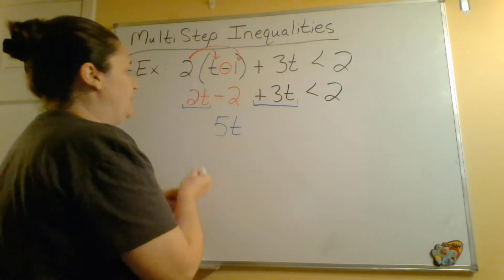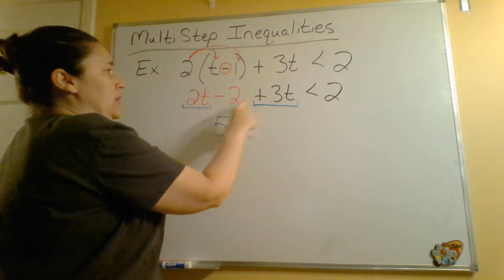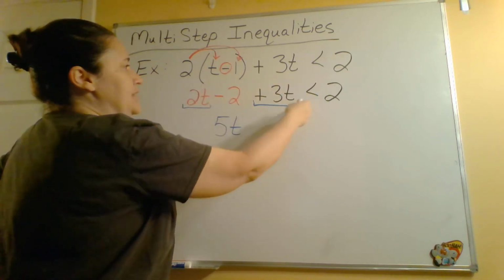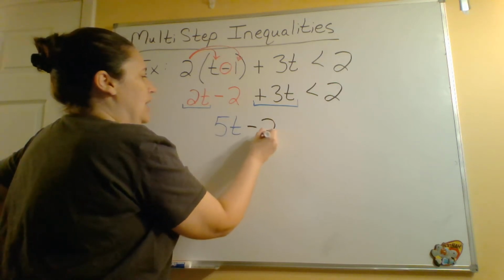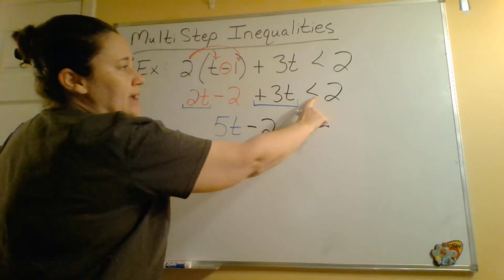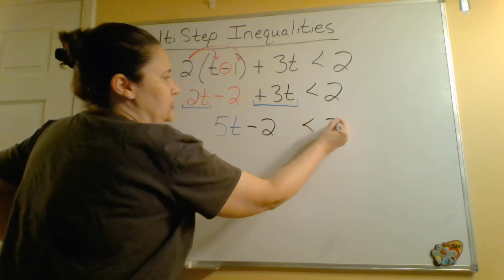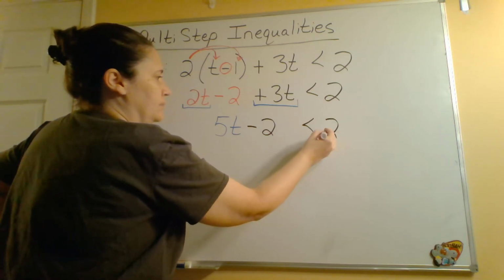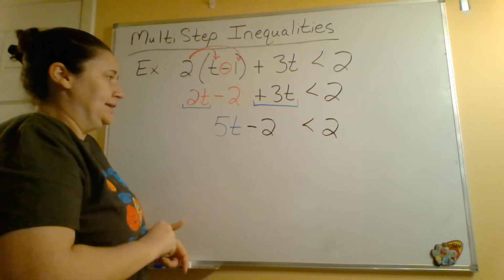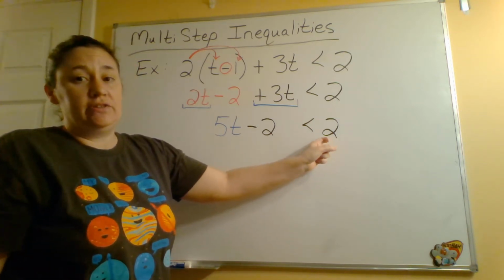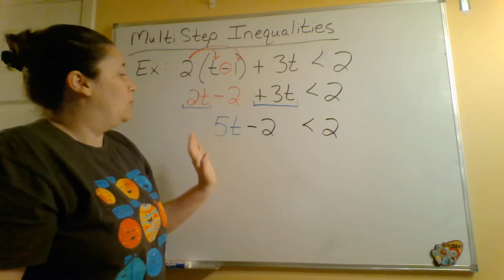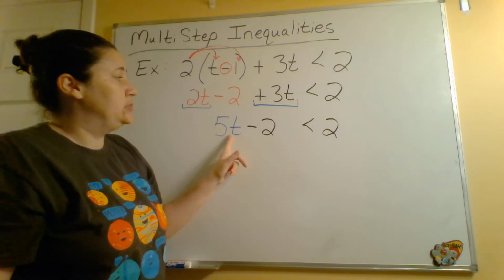Then I have this minus 2. There's nothing else here on the left side of the inequality to put together with that, so I just write it down. Minus 2, and then write down this part, is less than 2. All right, now this is the kind of problem we were solving yesterday and the day before, where we have to do this 2-step inequality.